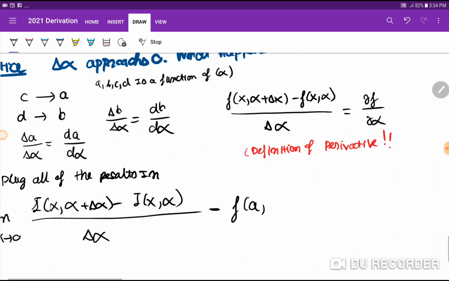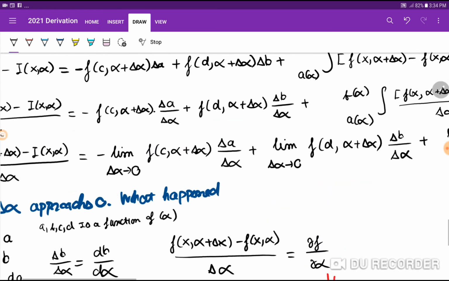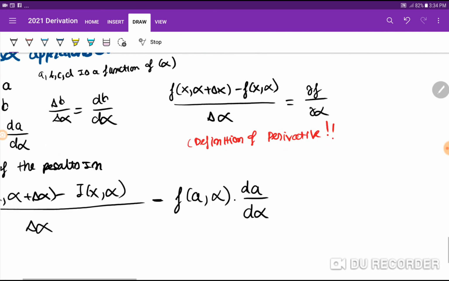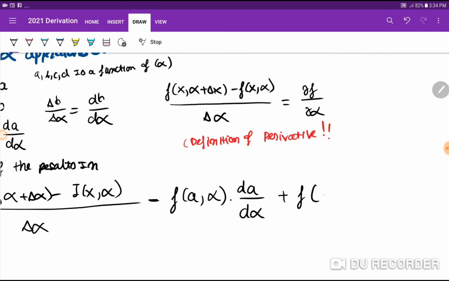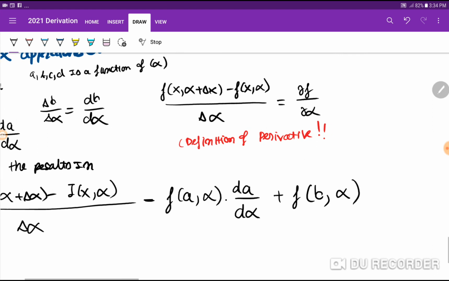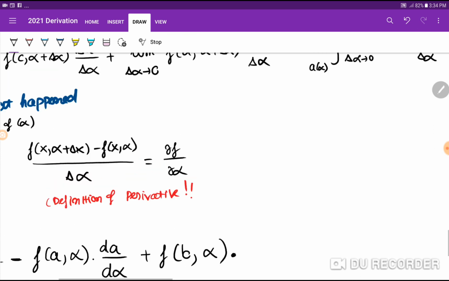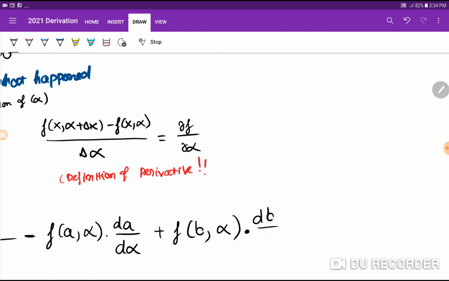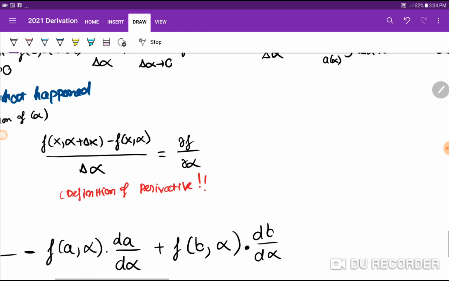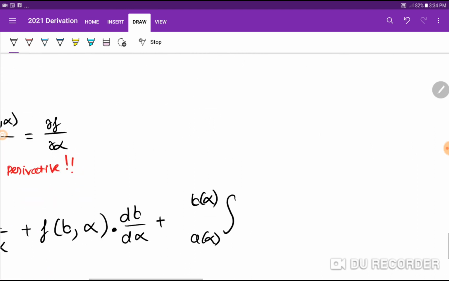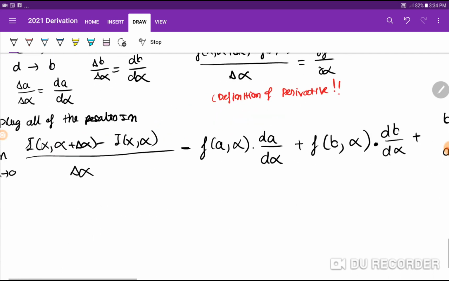Delta alpha is 0, so this is just alpha, times dA over d alpha, plus f of B(alpha) times dB over d alpha, plus the integral from A(alpha) to B(alpha) of partial f over partial alpha dx.